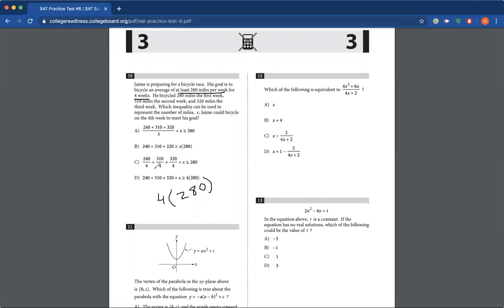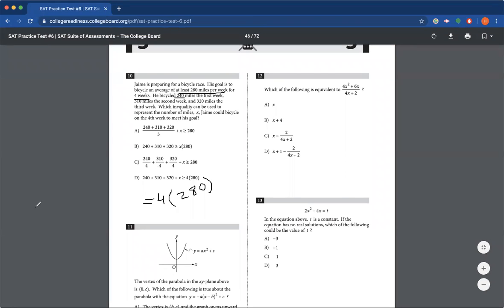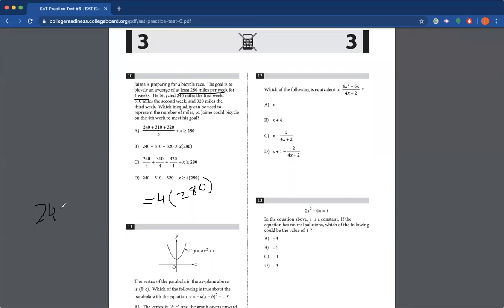So now this has to equal the amount of miles she bikes. So she biked 240 the first week. Then we have to add the total amount of miles she biked, plus 320. And then last week she bikes x. And this has to be greater, because they said at least this much.